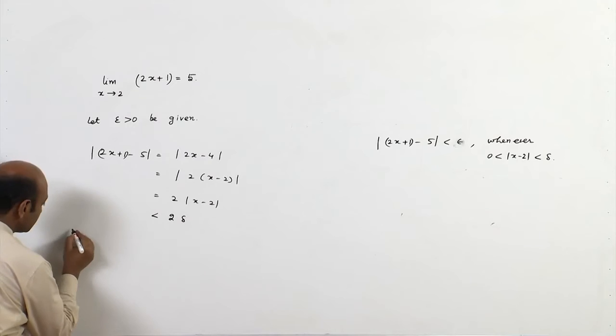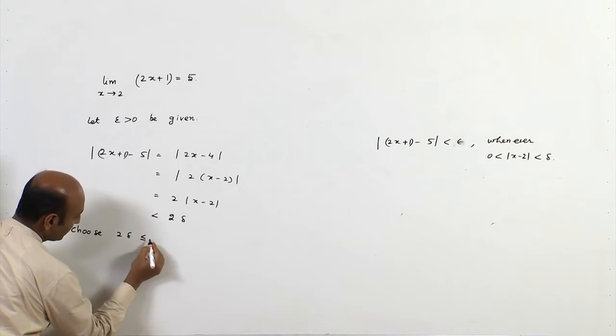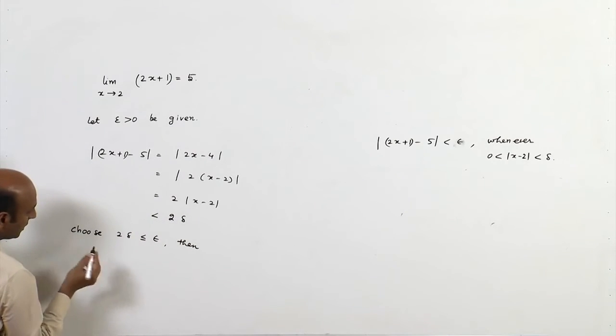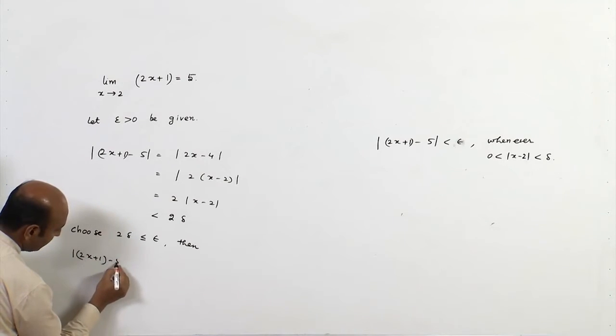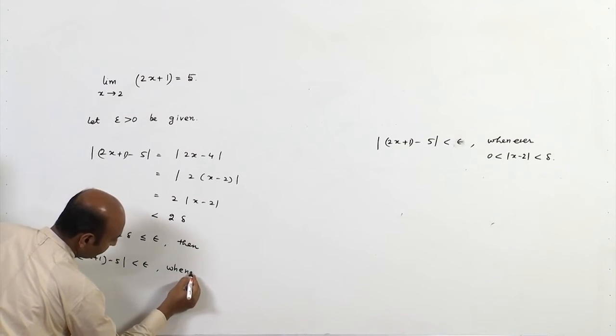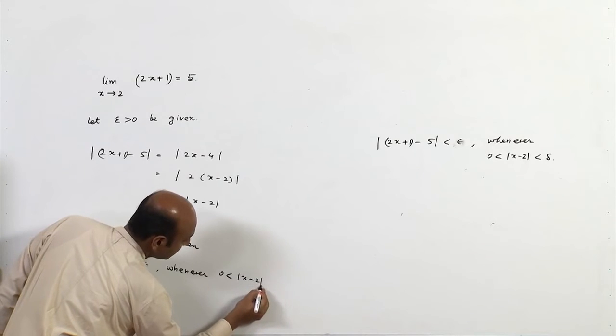Now, if we choose 2 delta less than or equal to epsilon, then mod of 2x plus 1 minus 5 is less than epsilon whenever 0 is less than mod x minus 2 less than delta.